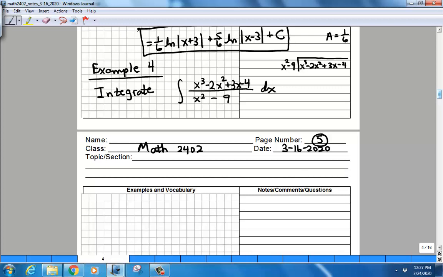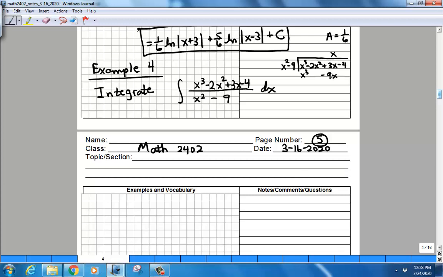So let's see, x squared goes into x cubed x times, right? So just write x cubed over x squared, and you'll see that reduces to x, right? So I'm going to put the x here above the 3x, and now let's multiply back through. So x times x squared is x cubed. And then we have minus 9x.